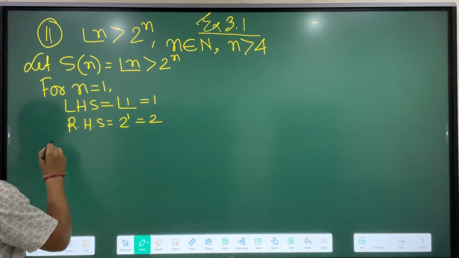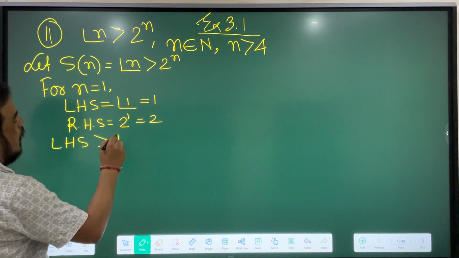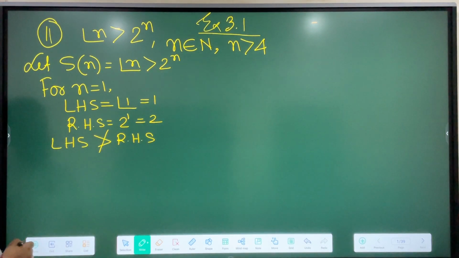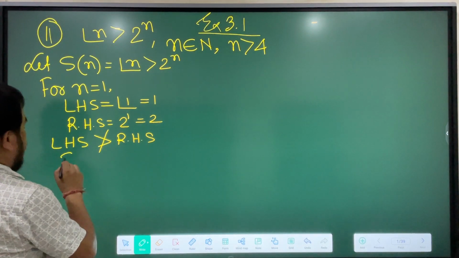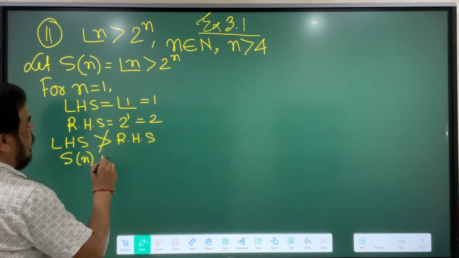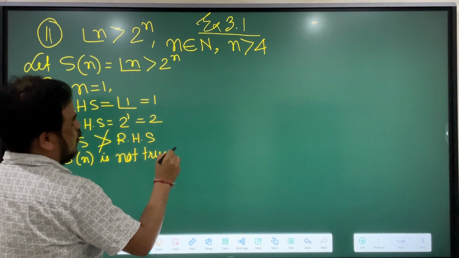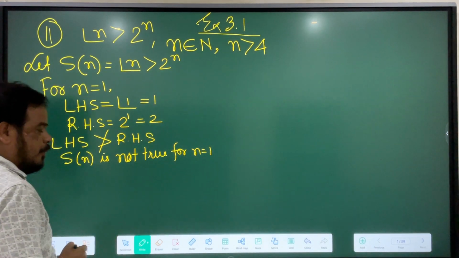So here it is seen that LHS is not greater than RHS. So Sn is not true for n equals 1.